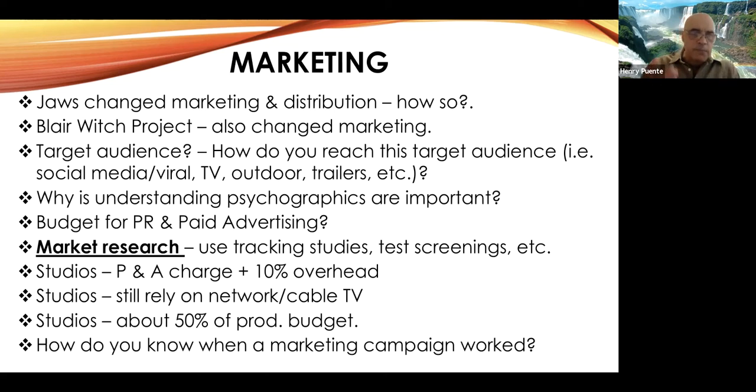But generally speaking, if you look down here, for studios, it's about 40 to 50% of the production budget. So if the movie was produced for $200 million, they're going to spend about $100 million on marketing.